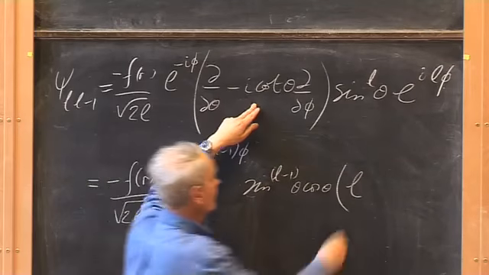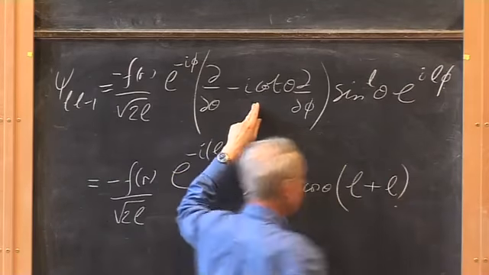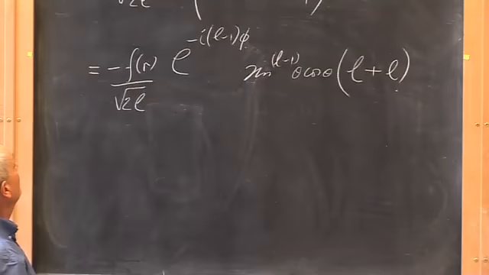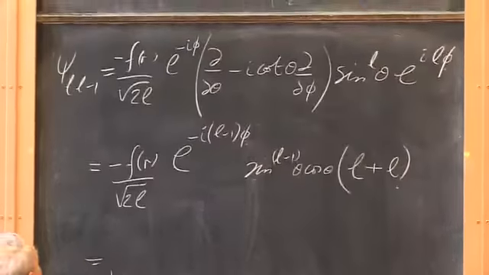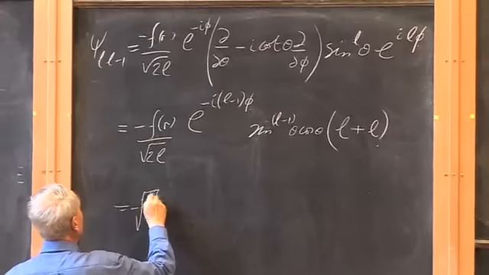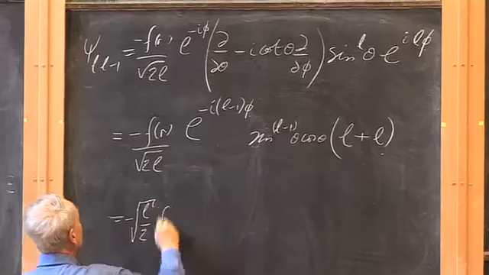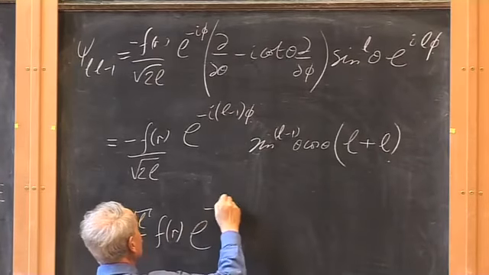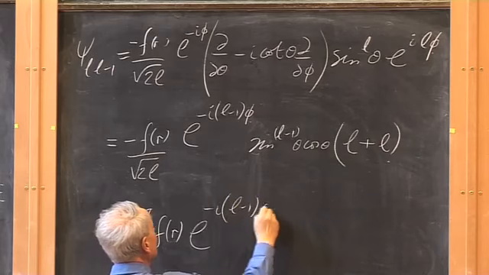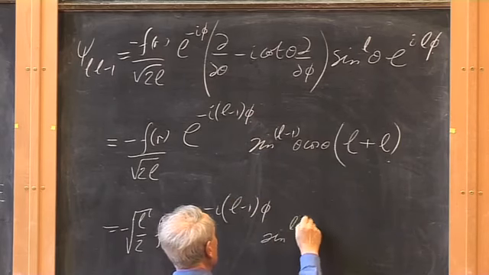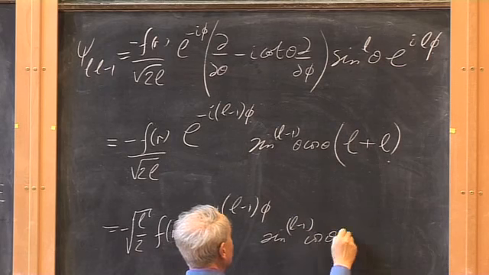They will cancel, so I think it'll be plus another L of the same stuff. So you see that we have something like minus the square root of L over 2, whatever your unspecified function of radius was, e to the minus I, L minus 1 phi, times sine L minus 1 cosine theta.